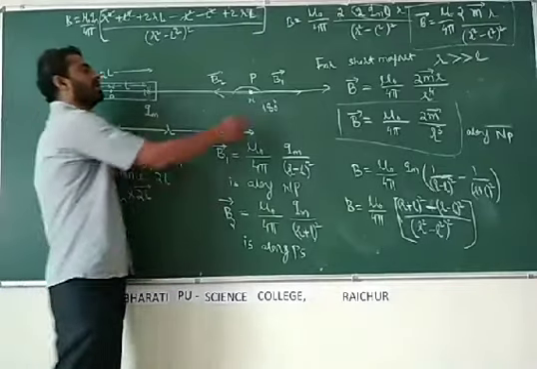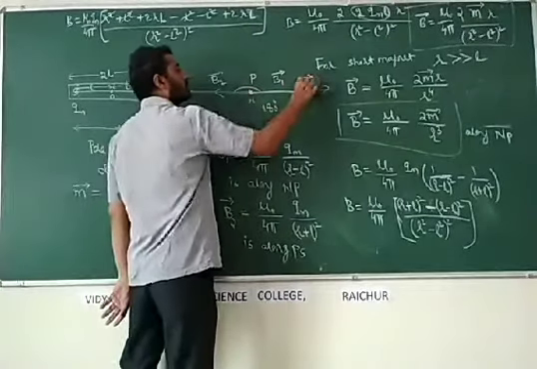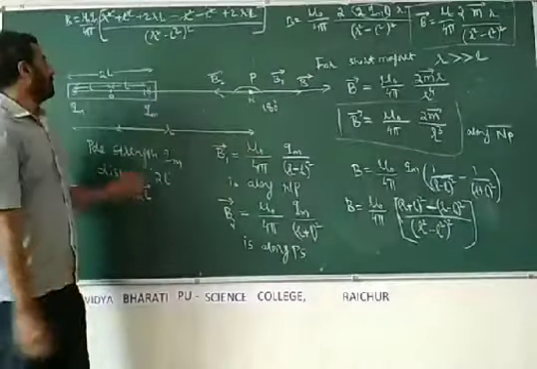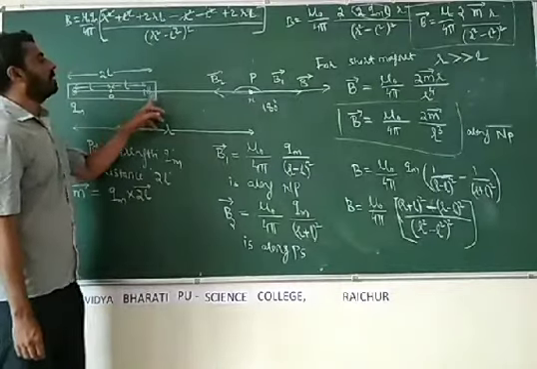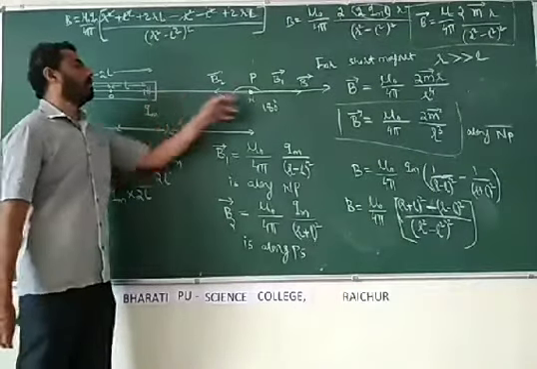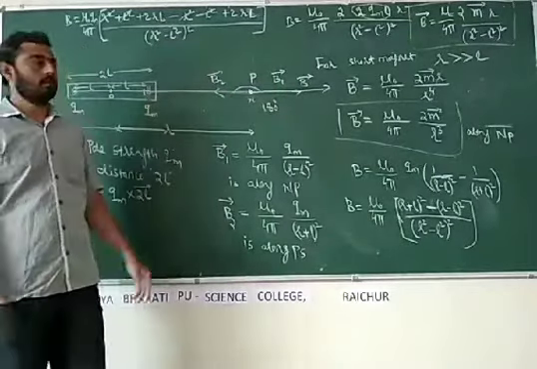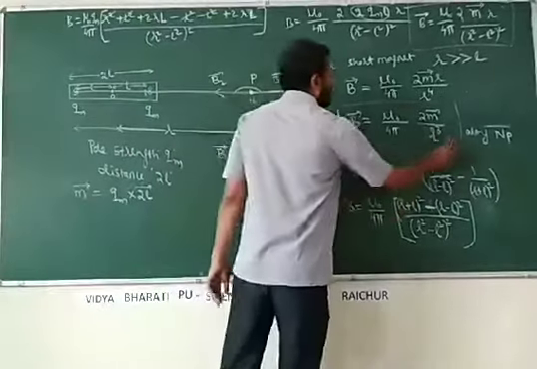The force of repulsion is greater due to the north pole, because it is close. That's why the resultant field is always along S, N, P, away from the dipole. Remember this.